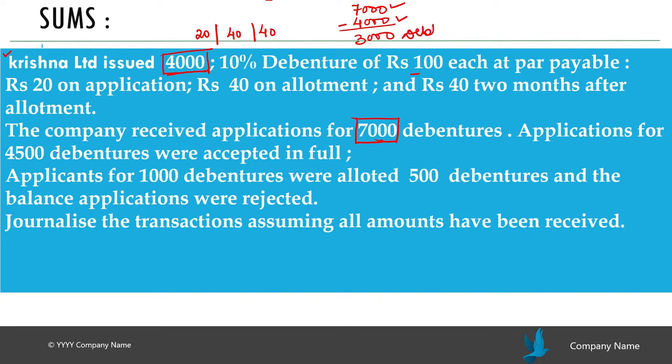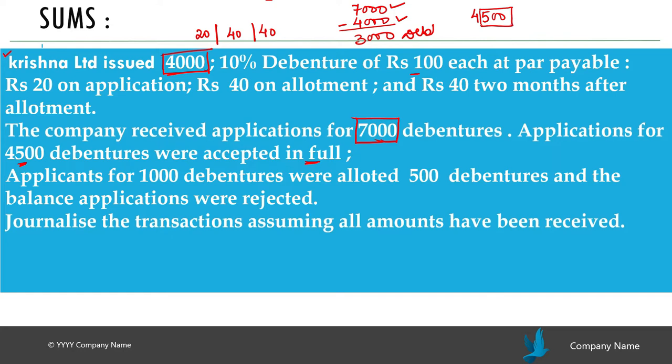Now the company has decided to accept in full the money of 4,500 debentures. That means the company has accepted the money of 4,500 debentures. So here what is the company going to do?